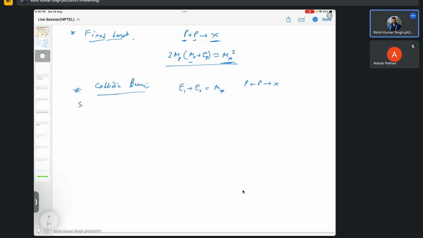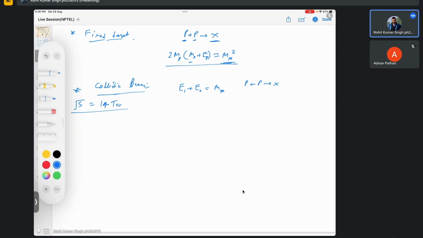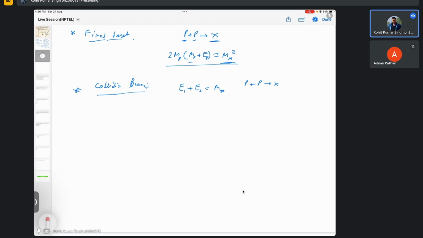It's denoted by S. For example, in LHC, we have center of mass energy of proton as 14 TeV or something. I wanted to discuss something about this, because there are many problems based on it, if you want to study colliders.